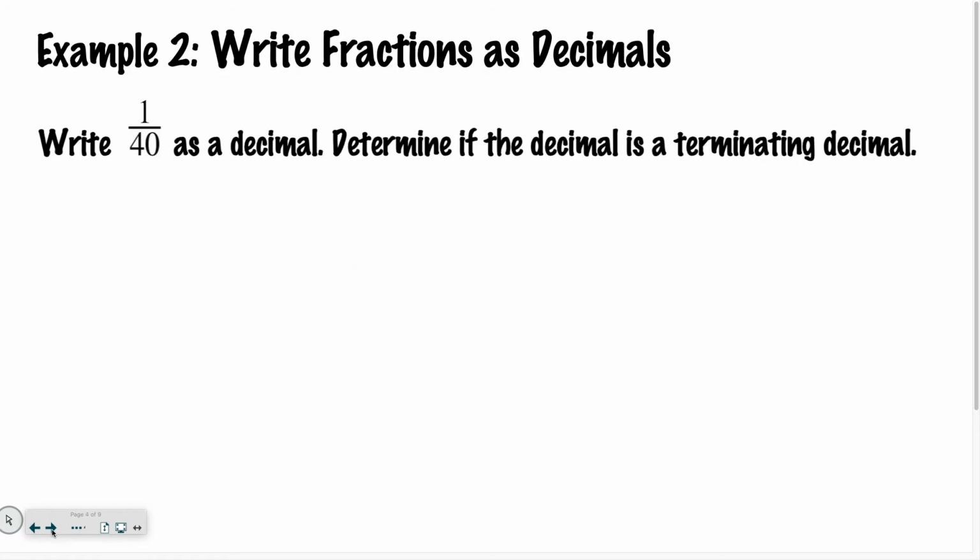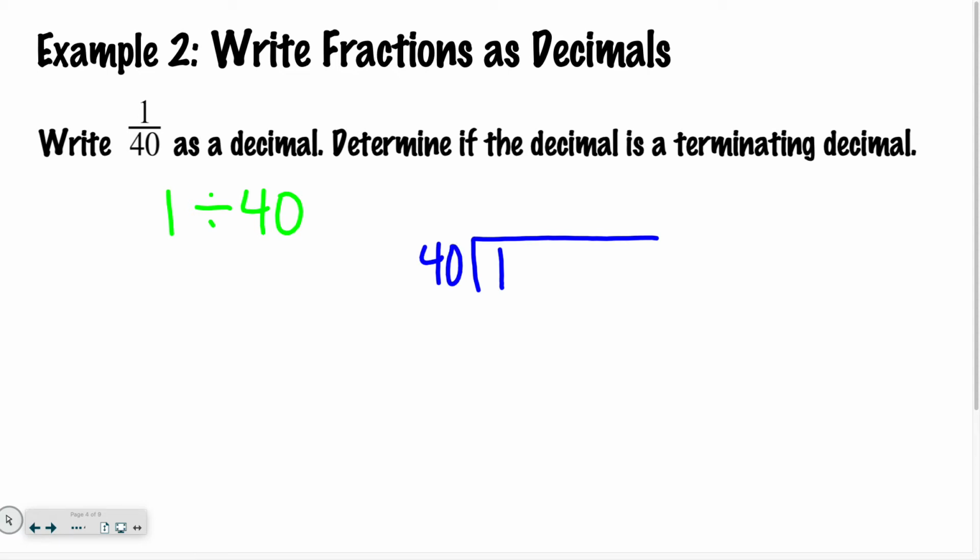All right, now let's practice writing fractions as decimals. If I want to write 1 over 40 as a decimal, that's another way of writing this. On the last slide, I wrote it out like that. On this slide, it's written as a fraction. It's the same thing. So I'm going to put the 1 inside the little house, and I'm going to put 40 outside.